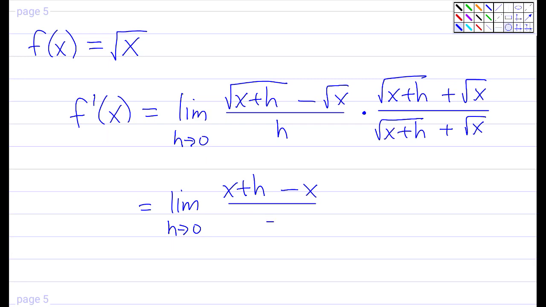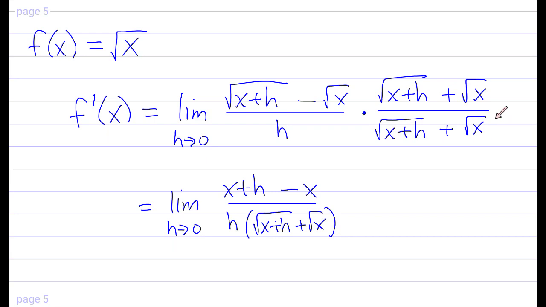Oops, and we still have this little nasty piece here. That's this part. But look what happens. X cancels this x. This h is the only thing that's left. It cancels that h. I can plug in h equals 0 in the rest of it. Look at what I get.